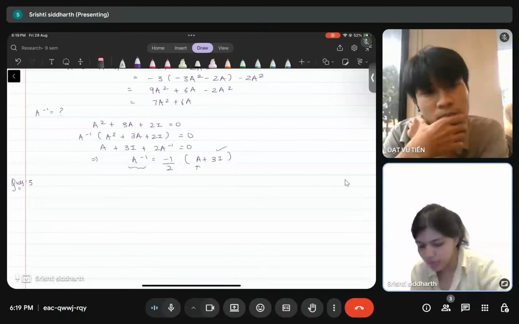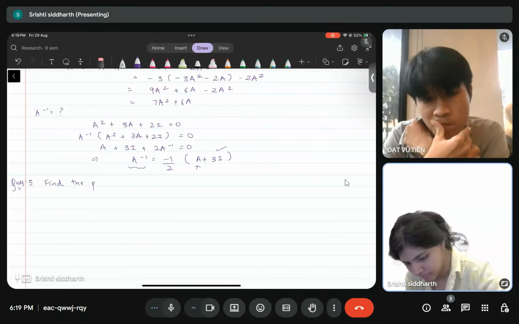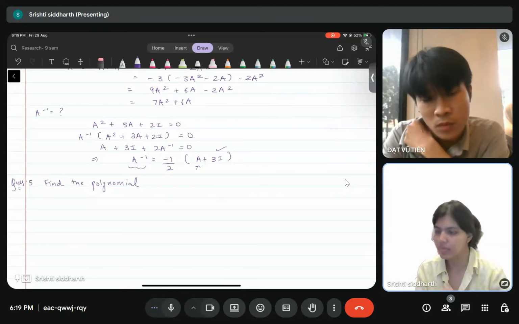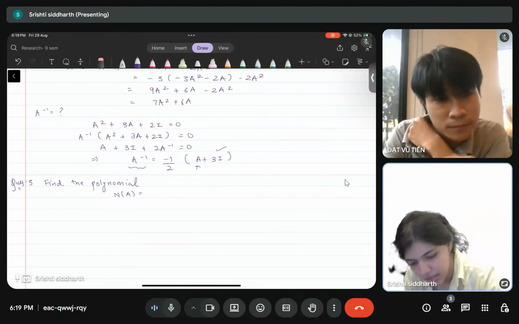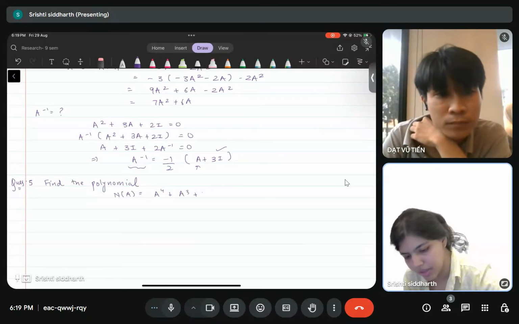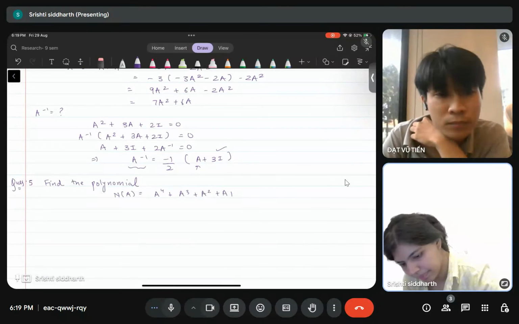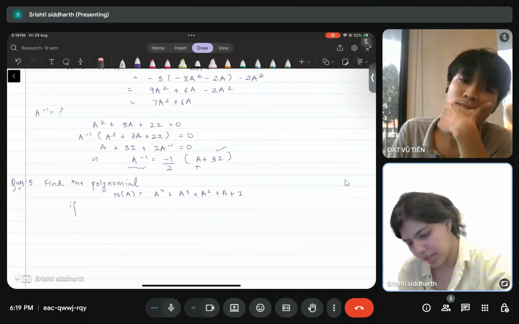So now we have to find the polynomial. Let's get N of A, which is A to the power 4 plus A cubed plus A squared plus A plus I. So A is given to us.